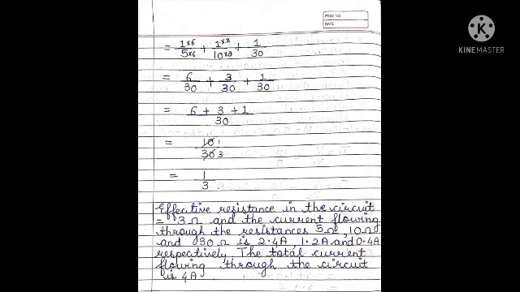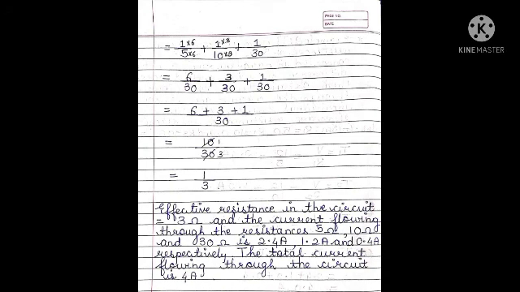It will give you 6 upon 30 plus 3 upon 30 plus 1 upon 30. Then, the denominator is the same, write it once: 6 plus 3 plus 1 upon 30. By adding, you will get the answer as 10 upon 30. Now, 10 ones are 10, 10 threes are 30. So, we get the answer as 1 upon 3.